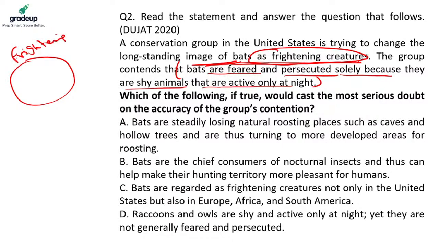It says that if you're a shy animal and active only at night, you have to be frightening.